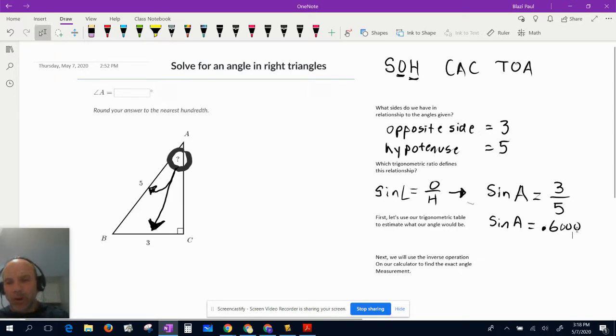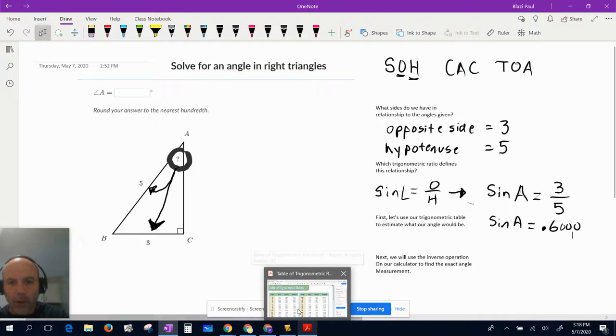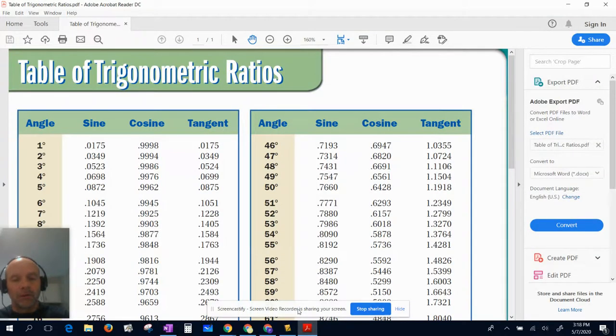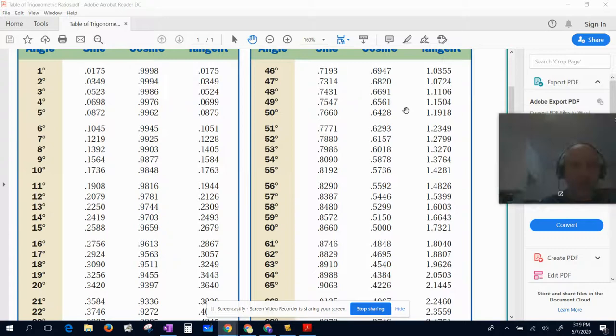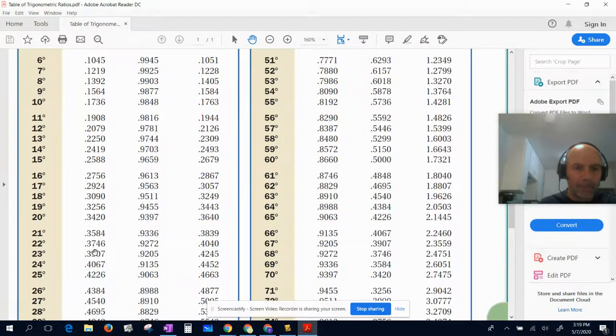The reason I wrote it with 4 places behind the decimal is because that's how the table is written. So let's go down sine and find where sine is 0.6000. Let's see if we get lucky here.